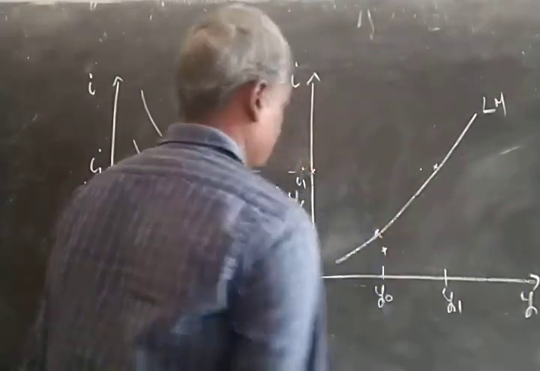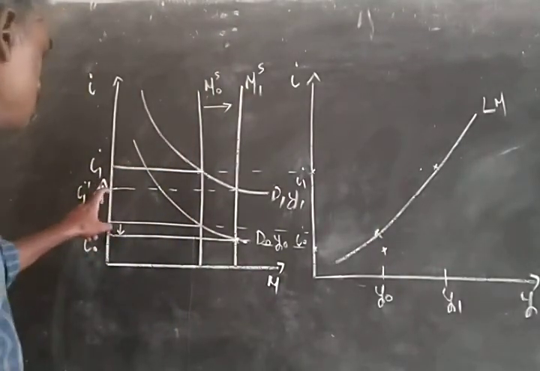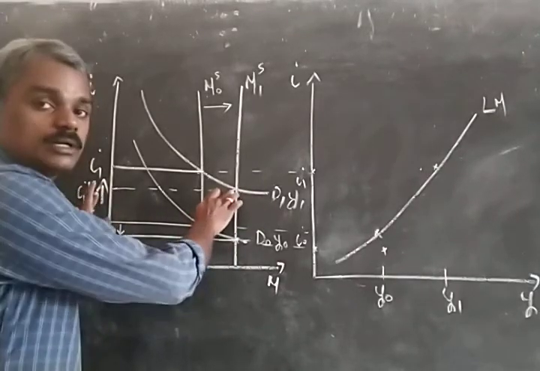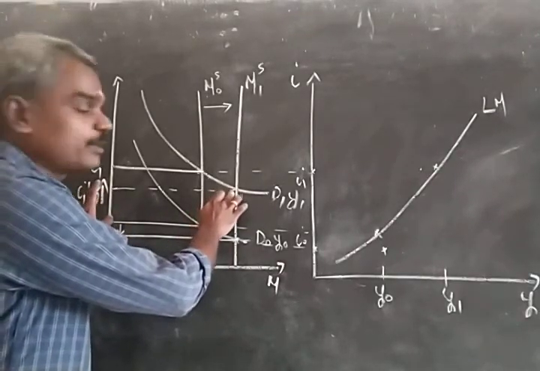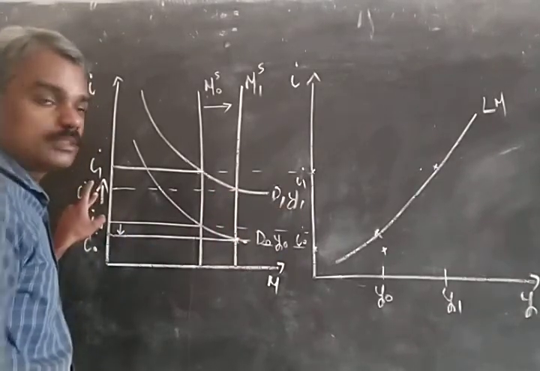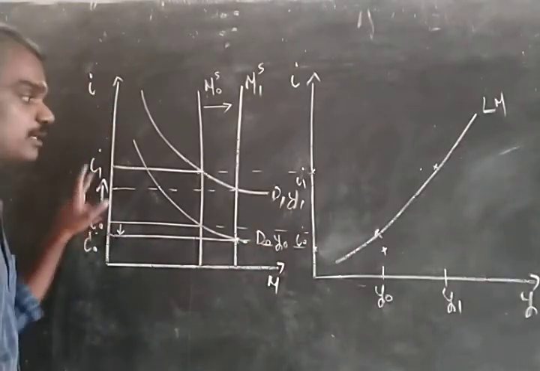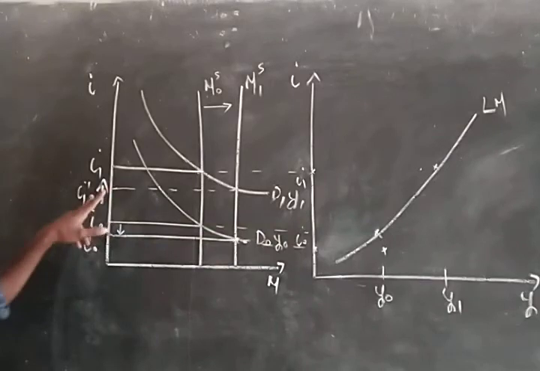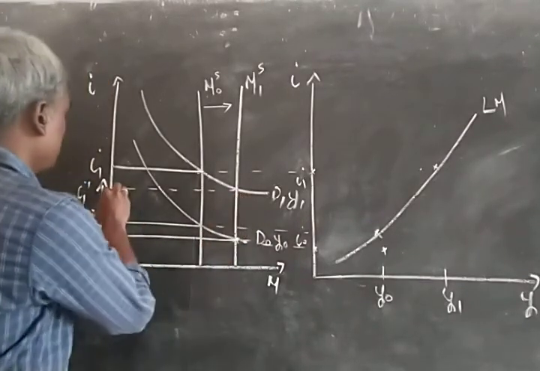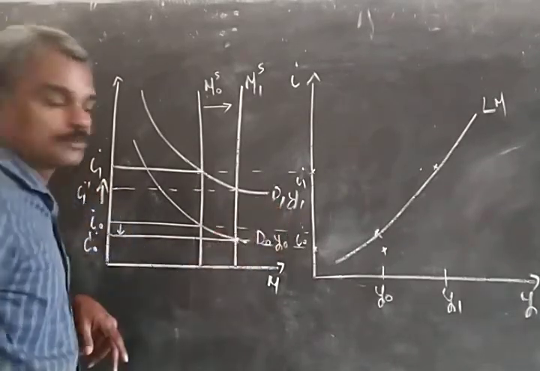That is one point here. Second point, I1 dash. I1 dash is the new interest rate which brings the increased money stock equal to the old demand for money at the Y1 level of income. So the level of income is Y1 and the rate of interest is I1 dash. Equilibrium happens here, so we have another combination of interest rate I1 dash and income Y1.